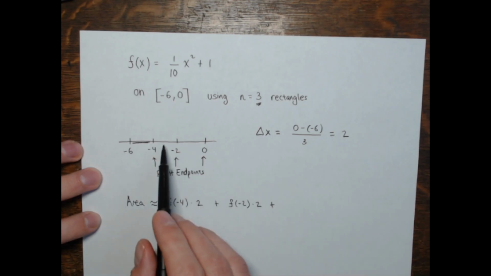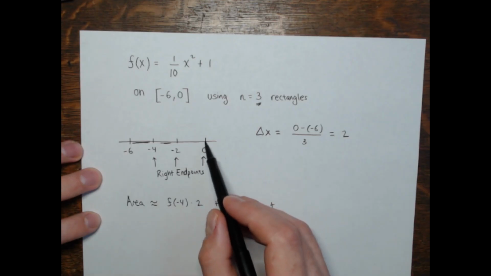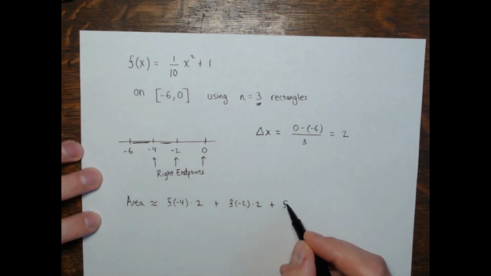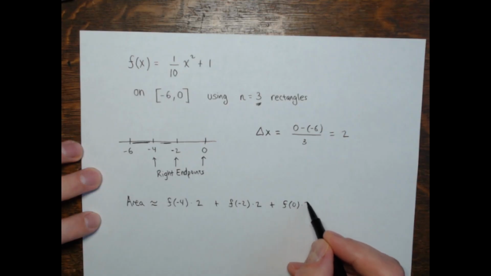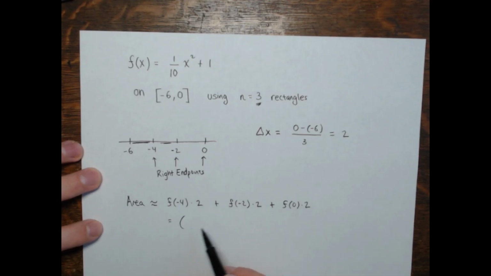And then the last rectangle, again with a width of 2, I'm plugging in the right endpoint, plus f of 0 times 2. Now each of these has a 2, so you could factor that out, factor out a 2 from each of these, and then just add up these function values, f of -4 plus f at -2 plus f at 0.